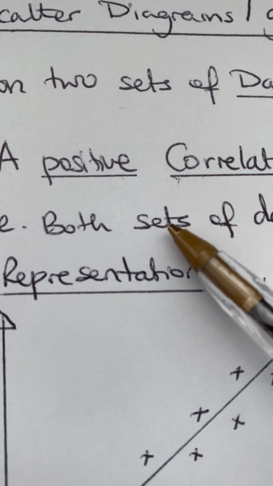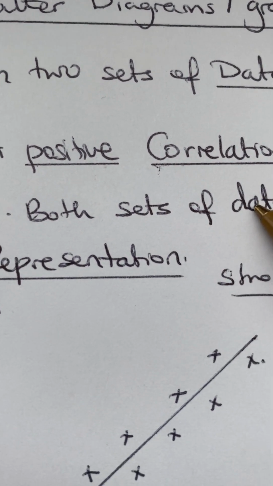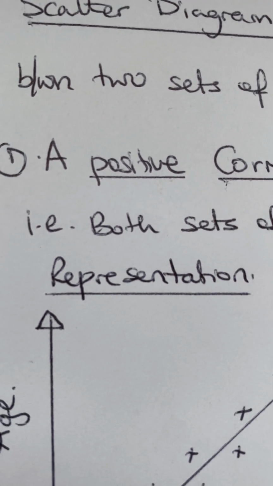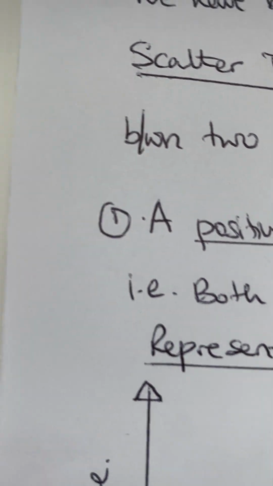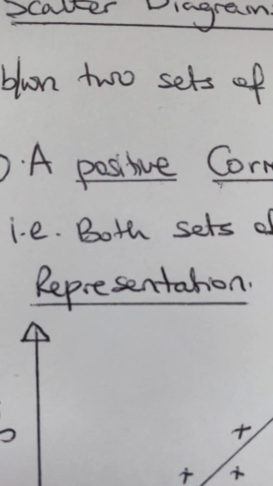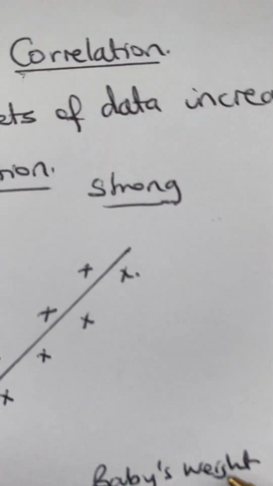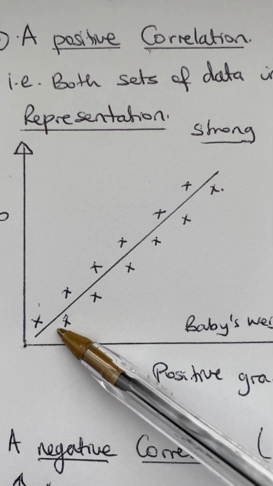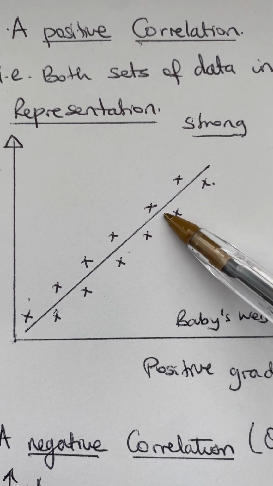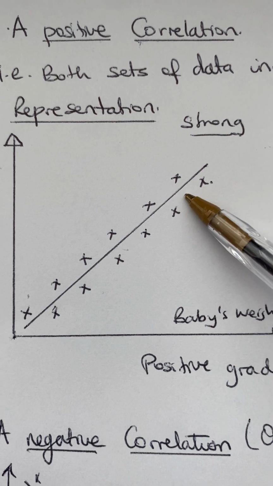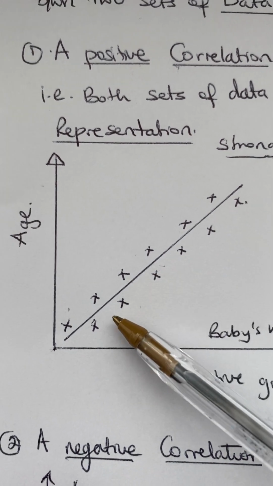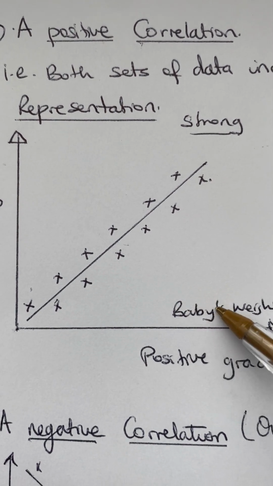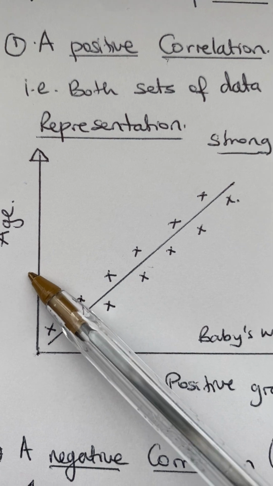Now we have three types of correlation. We have a positive correlation, where both sets of data increase. For instance, assuming you have the age of an infant and their weight, you expect the weight to go higher and higher as the baby grows in months.